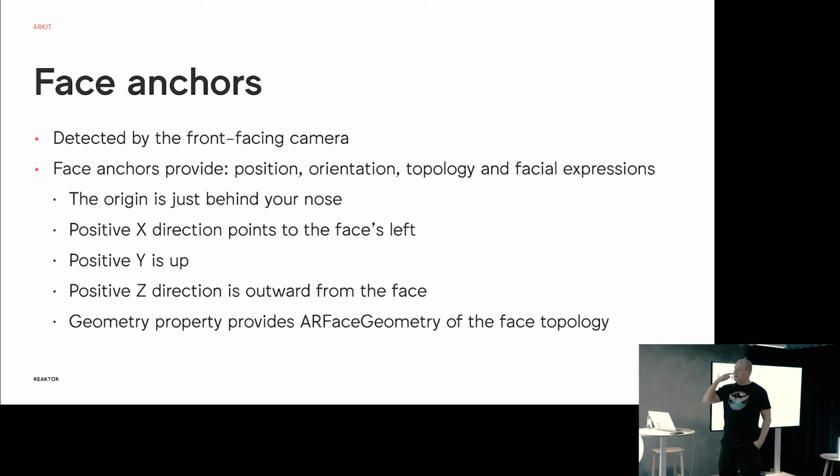And the origin of the face anchor is just behind your nose, somewhere like here. So if you want to do an application that maybe simulates different glasses on your face, it would be fairly straightforward to do. The positive X direction is to the face's left, positive Y is up, and positive Z direction is outward from the face.